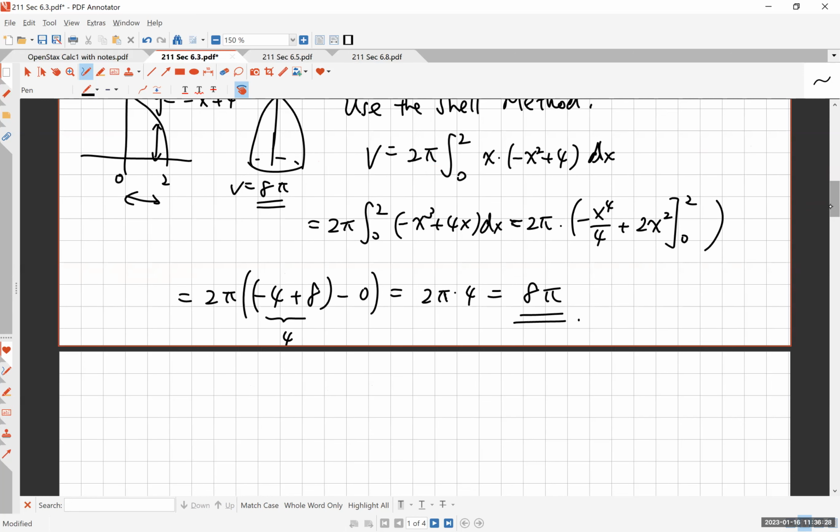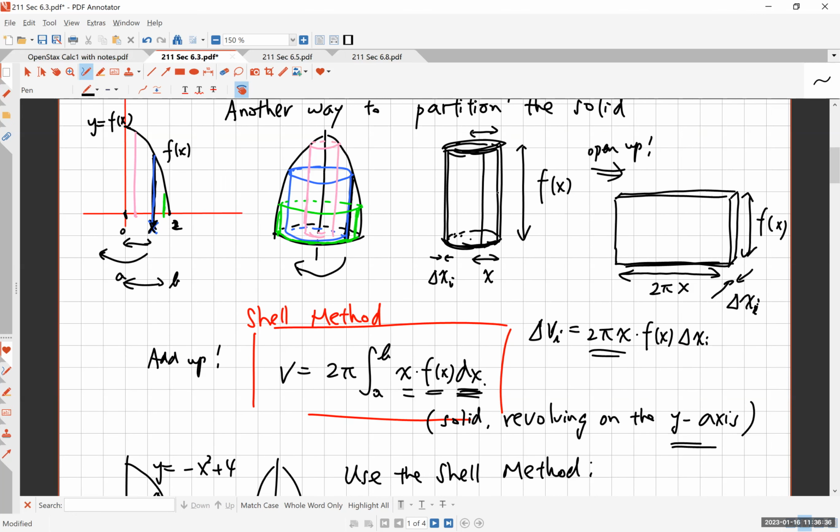Okay, so that is called the shell method, right? Again, let's make sure we understand this. The shell method is based on adding the volumes of these small and tiny shells, and the way to find the volume of one of those shells is to open this up.